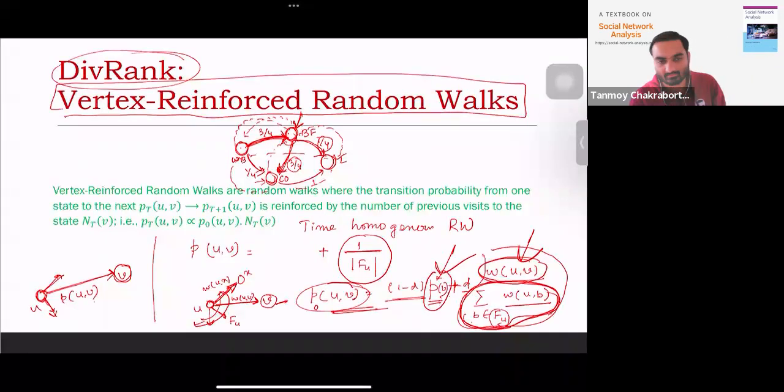I'll discuss what this is. What does it mean? It means that the transition probability from u to v is not static. It will change over time, and the change is reinforced by v's current prestige.